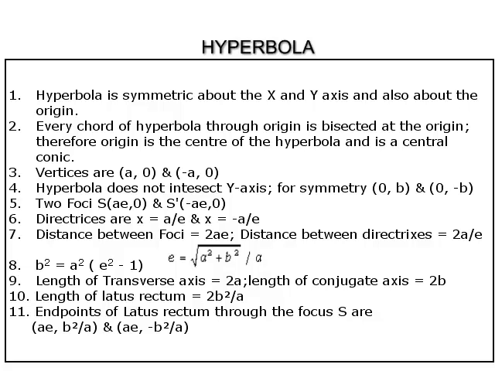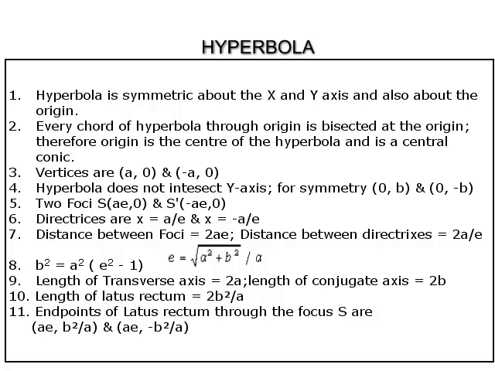Hyperbola has two foci, S (a e, 0) and S dash (minus a e, 0). Corresponding directrices are x equal to a upon e and x equal to minus a upon e. The distance between foci is 2ae and the distance between directrices is 2a upon e.